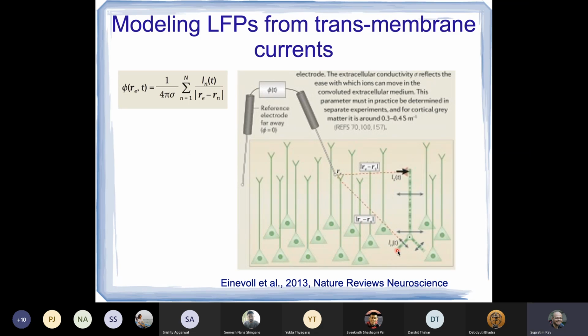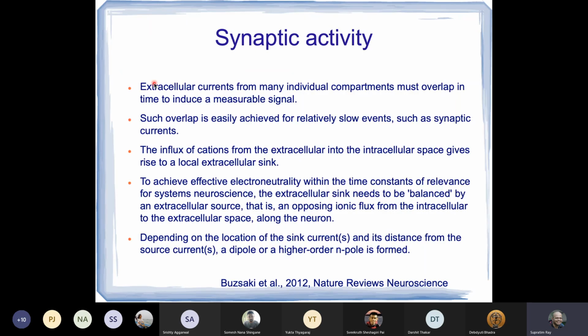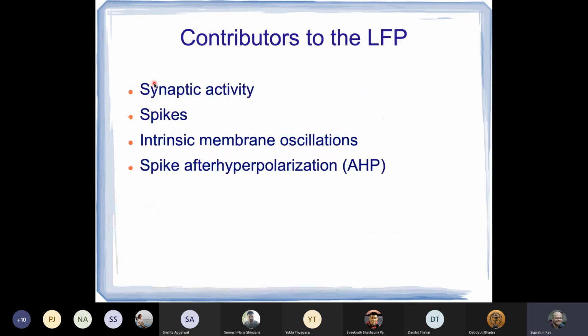But in a pyramidal cell, the sinks and the sources are separated, and this formula tells you the potential of a single cell. If you've got 10,000 cells or 1,000,000 cells around this electrode, each cell is going to contribute a potential, and this is the overall field potential. This is what I see here, the raw signal.